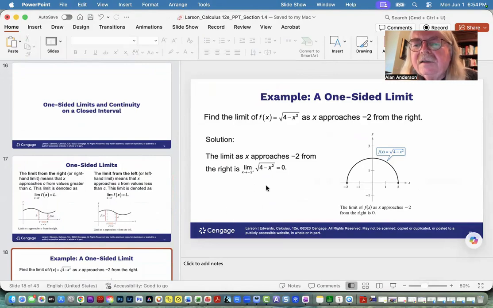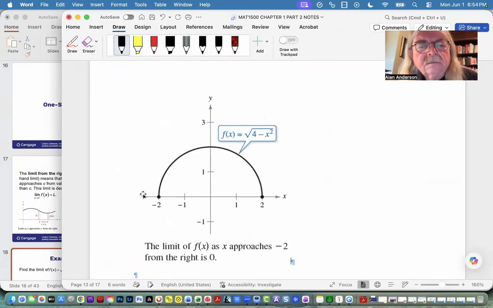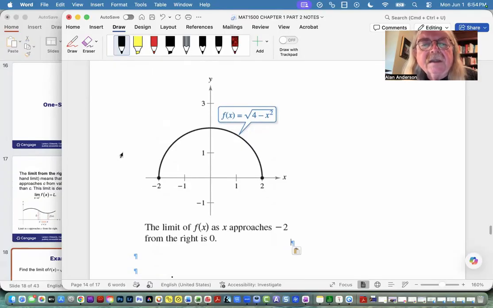Now look at this one. The limit of f of x as x approaches -2 from the right is zero.